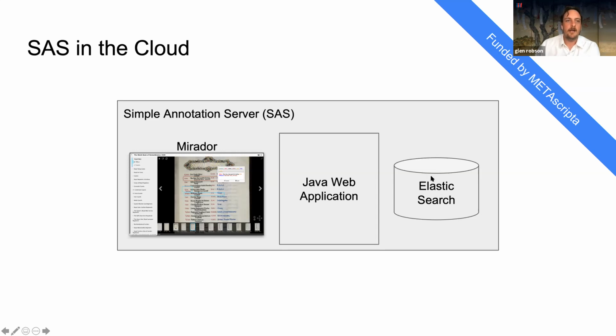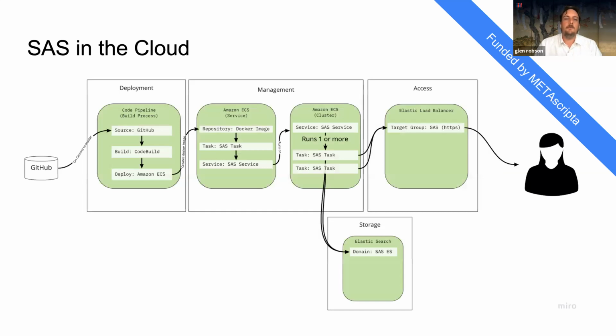And also in the back end for the cloud is Elasticsearch, as that seems to have the best support in AWS web services. And we've set up this automatic deployment process. So both I've got a copy of this for the training and Ben has a copy of this for METAscripta, where we have a copy of Simple Annotation Server running on GitHub.